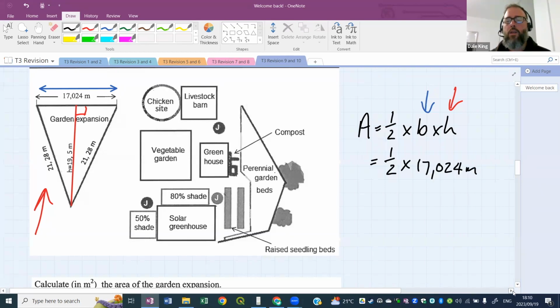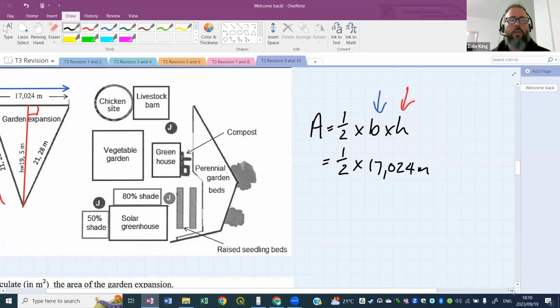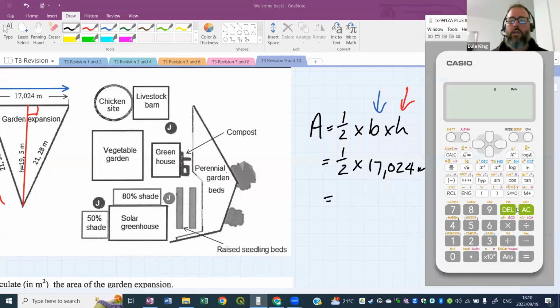meters. And then I'm going to put in my height, just move over a little bit here, times 19,5 meters. All right. I'll put that into our calculator. So it's 17,024 times 19,5.